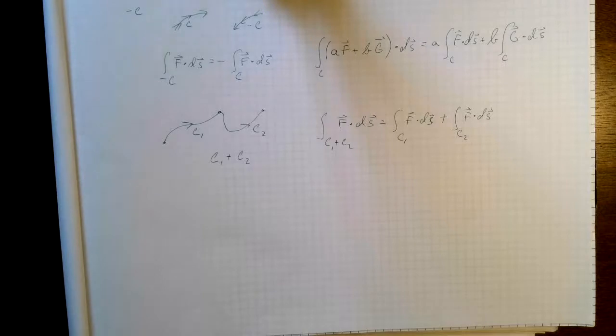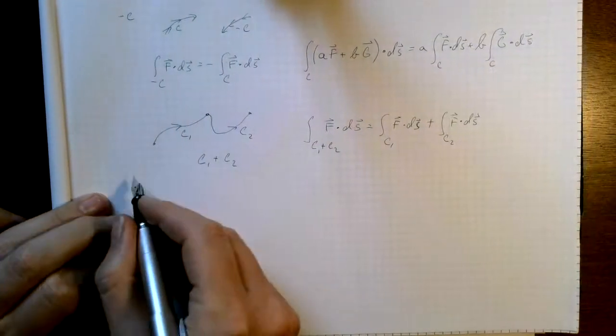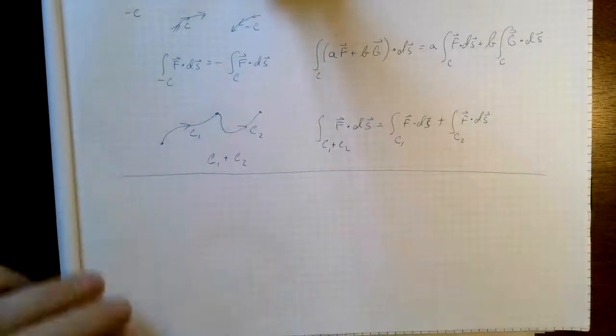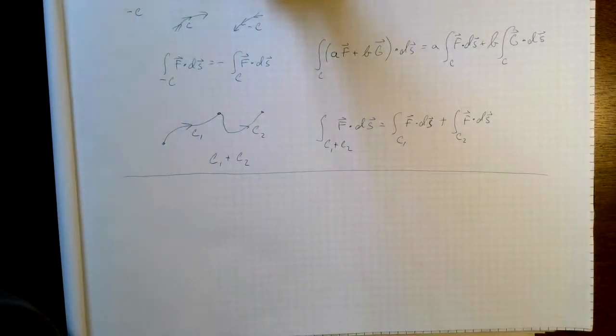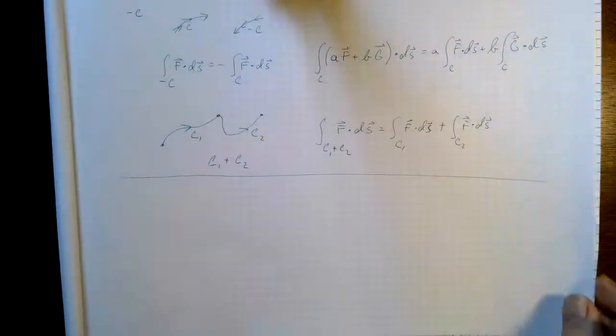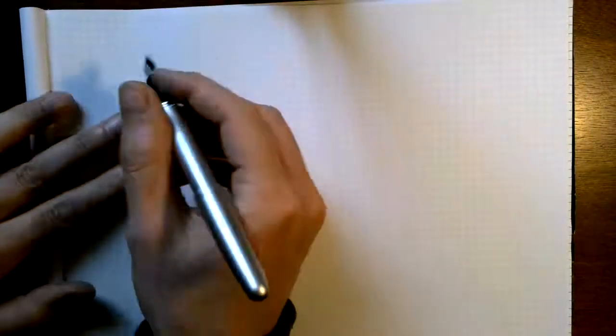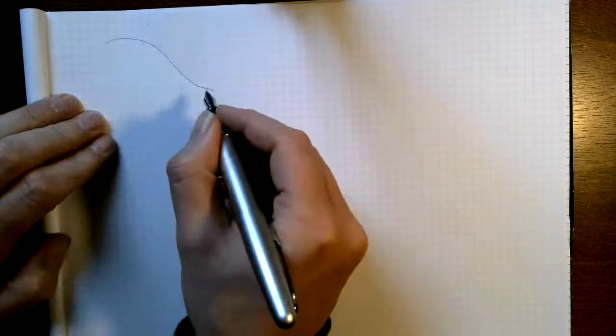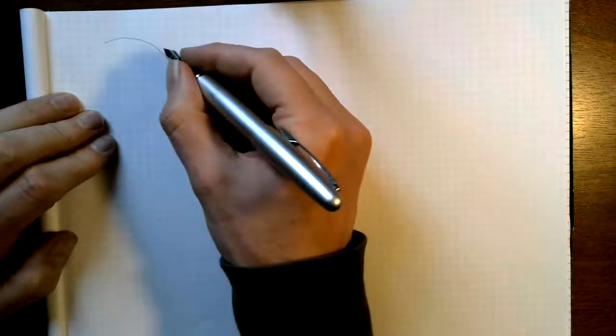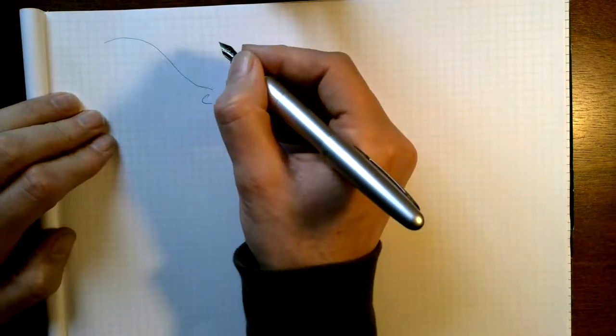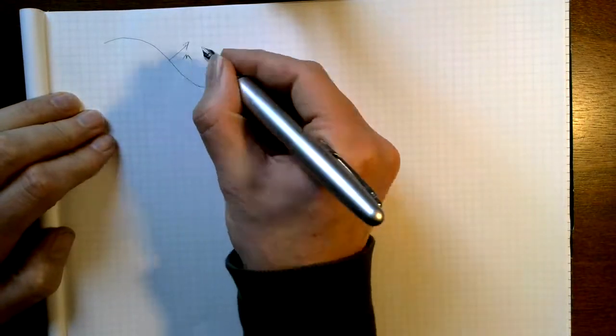Okay. Now, the final thing that I want to talk about is a slightly different way of, maybe let's do a new page, because it's kind of a different thing. It's talking about flux, and as a line integral, this only makes sense in the plane, so in 2 dimensions. So if we have some curve C, we could look at, instead of the tangent vector, a normal vector, right?